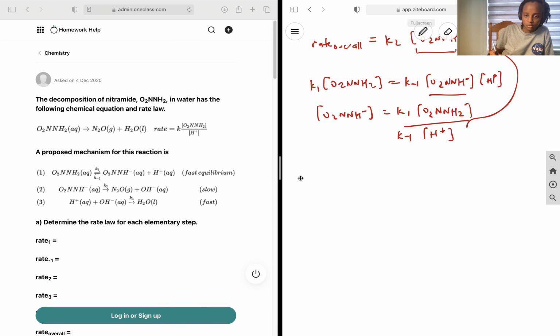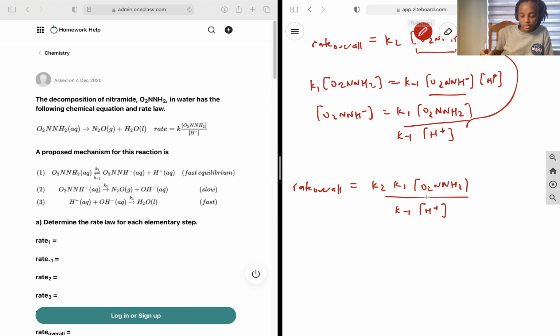And we get rate overall is equal to K2 times K1 times O2N and NH2 over K minus 1 times H plus.